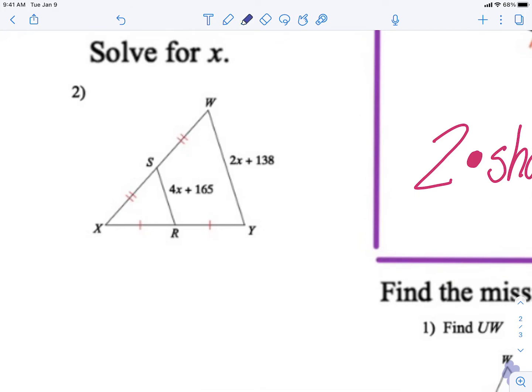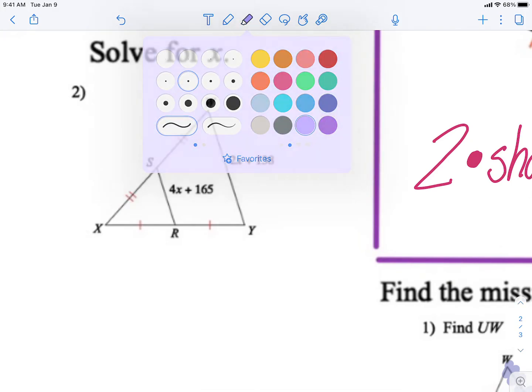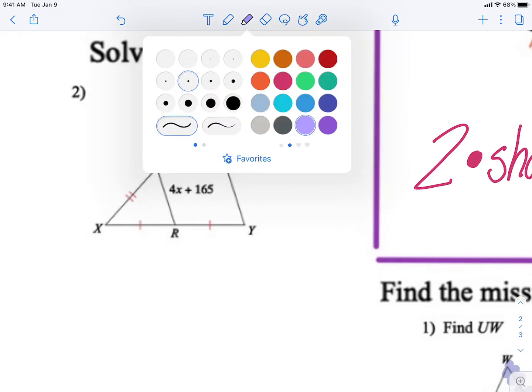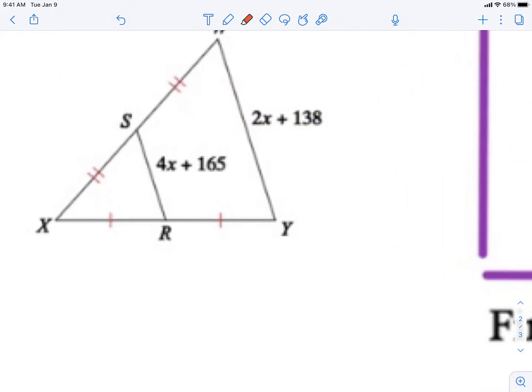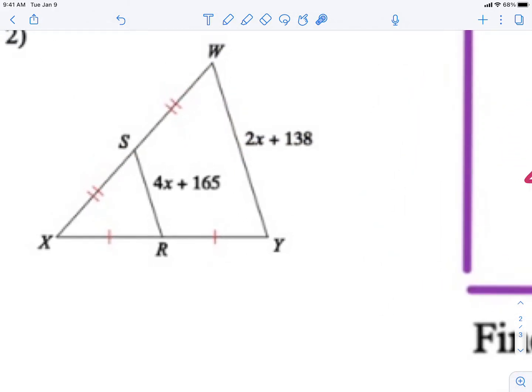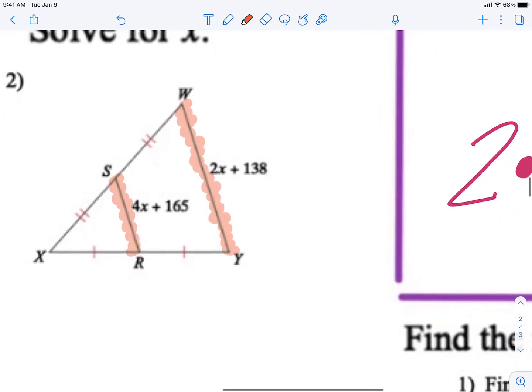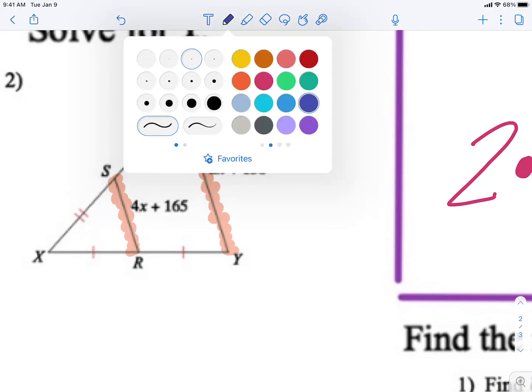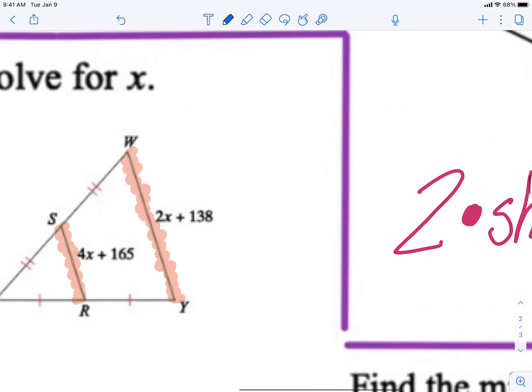Okay? So first, let us identify our short and our long. So our short here is clearly SR here, right? Which I didn't mean to use that. I wanted to use this, SR. And our long here is YW or WY. Doesn't matter whatever you want to call it, right? So let us identify.